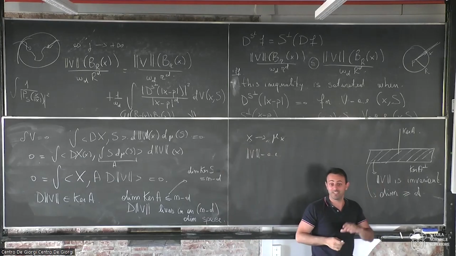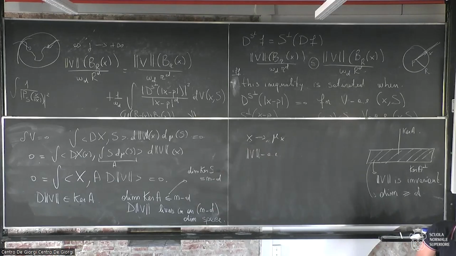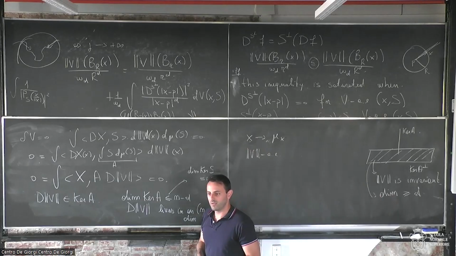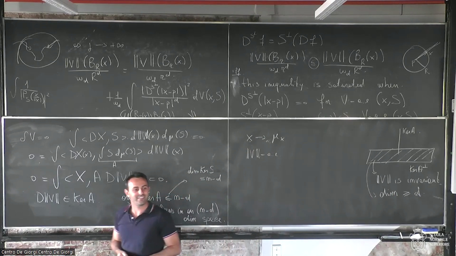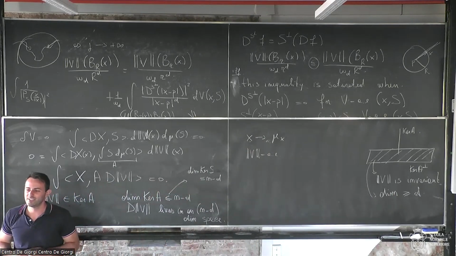Any other question about this? Okay, pretty good. So we know that blow-ups exist. General question: this is a generalization of what people do with currents. Yeah, if you forget about orientation, this is way more general.